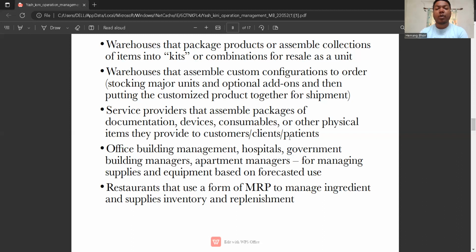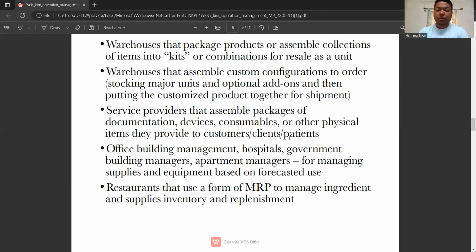Office building management, hospitals, government building managers, apartment managers for managing supplies and equipment based on forecasted use. Fifth point is restaurants that use a form of MRP to manage ingredient and supplies inventory and replenishment.